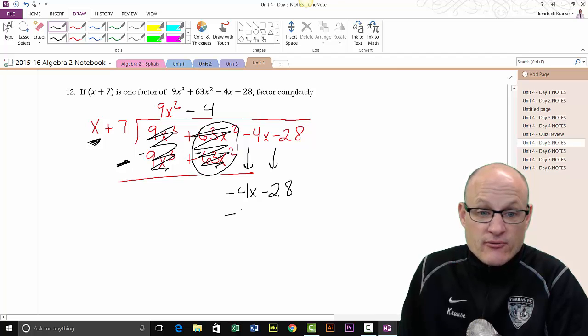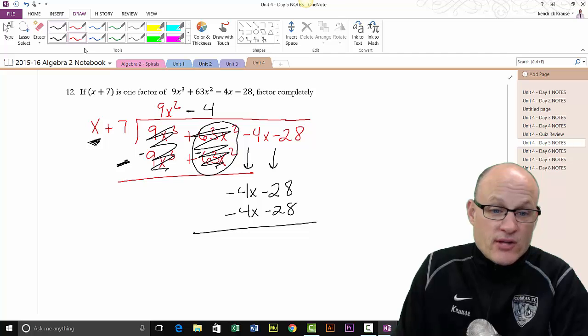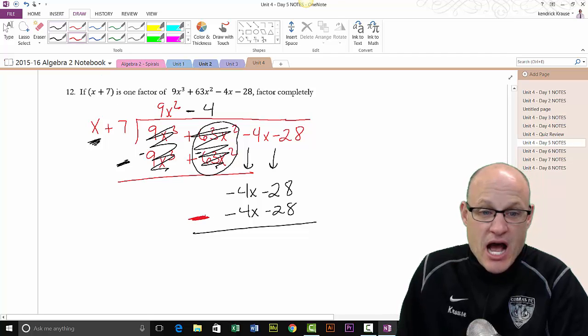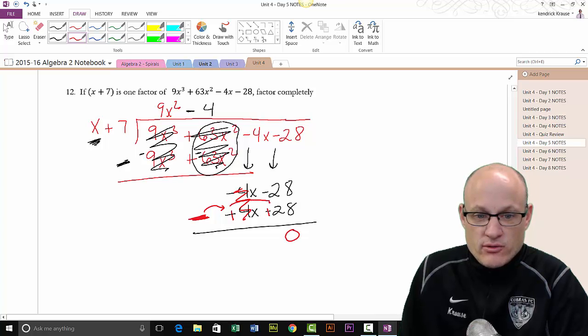Now we multiply. Negative 4 times x is negative 4x. And negative 4 times 7 is negative 28. Don't screw this part up because I will laugh at you. Distribute makes a plus. Oh, those go away. Distribute makes a plus. Oh, subtract out, I get 0.